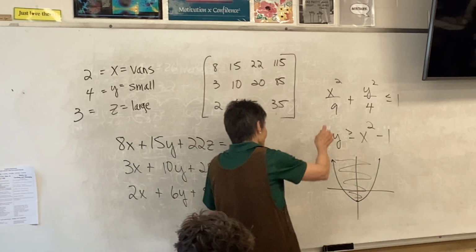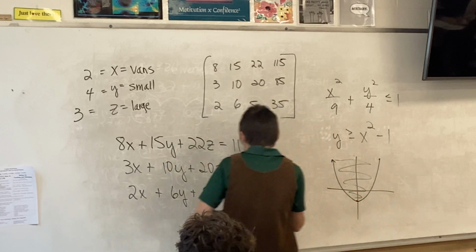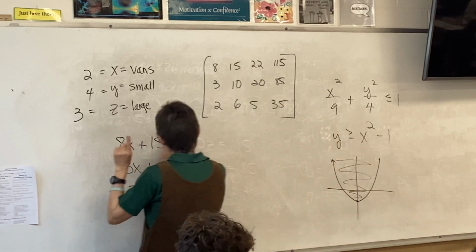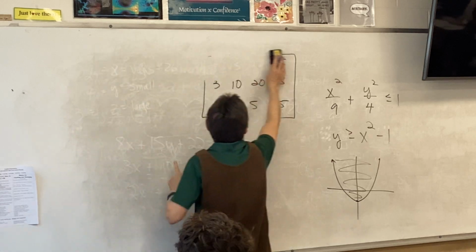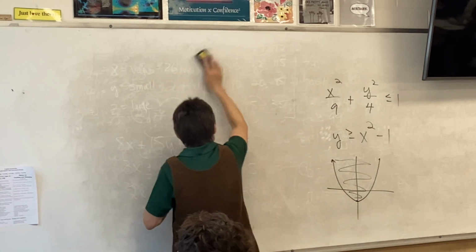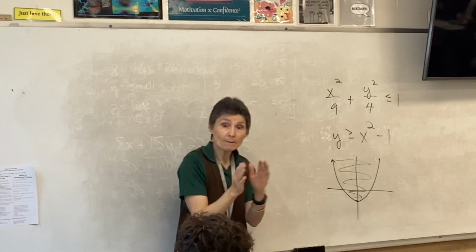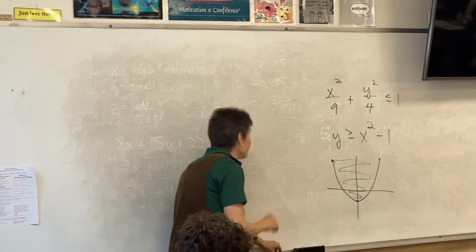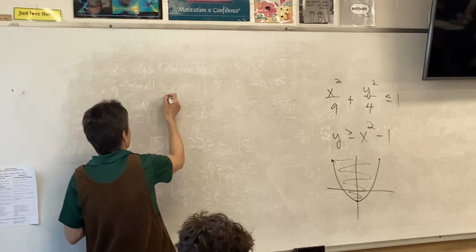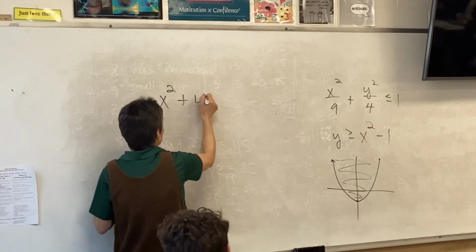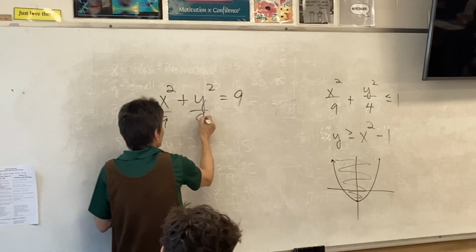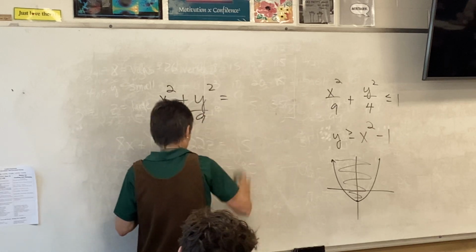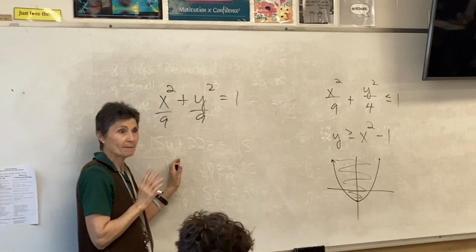This one, we actually talked about that, but it was in the last chapter and in a different context. It would be a circle if those 2 numbers were the same. So if you had x squared plus y squared equals 9, when you divided by 9, your equation would look like this. Would you agree with me?